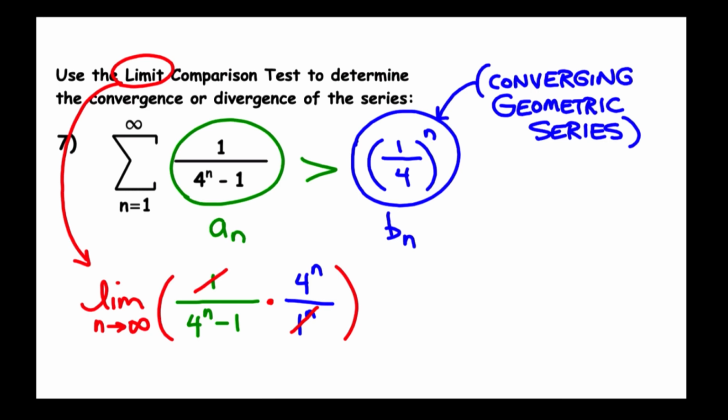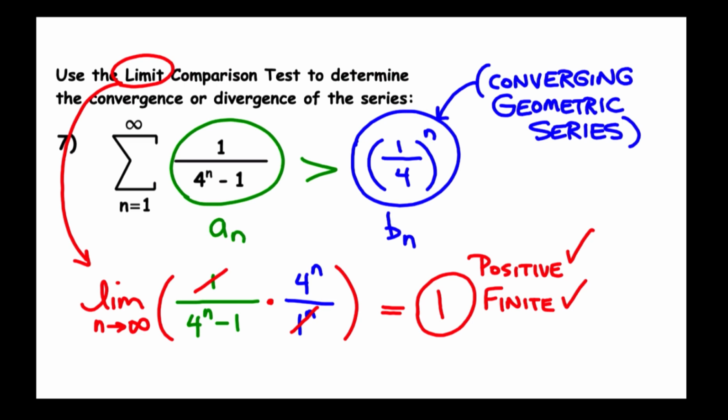And you're left with that, which, honestly, if n becomes infinity, that's 1. And 1 is positive and finite. Therefore, the original one, the green, behaves the exact same way that the blue does. Since the blue is converging, the green a sub n is also a converging series.